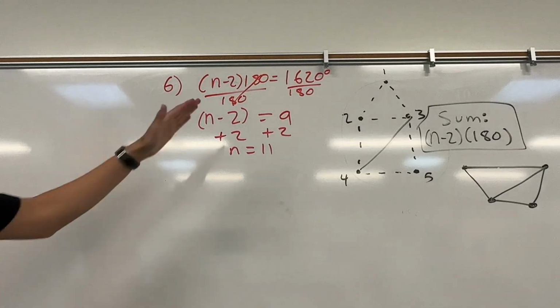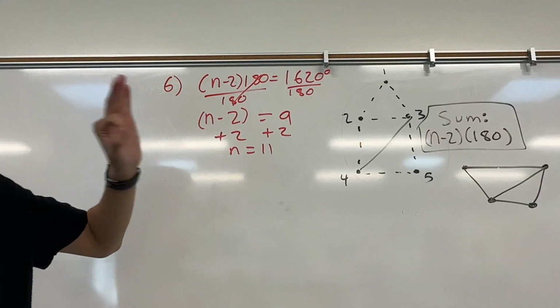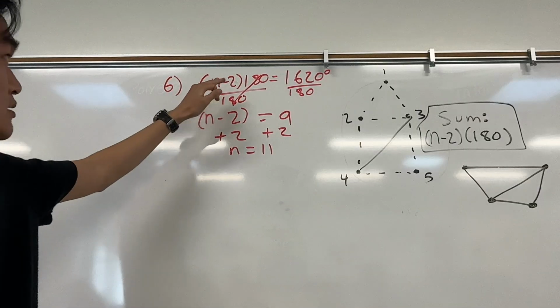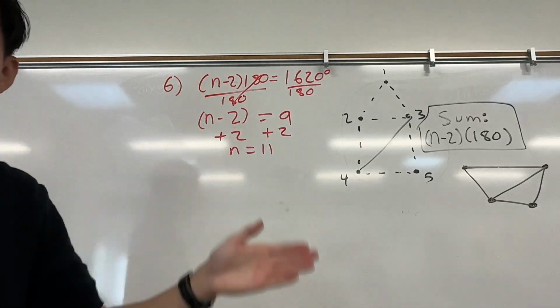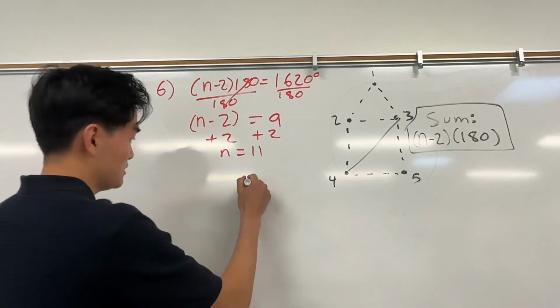If there were 3 sides, like a triangle, 3 minus 2 is 1, and then 1 times 180 is 180. But do I have to show that? No, because you guys are smart. You don't need to write that down. Very good.